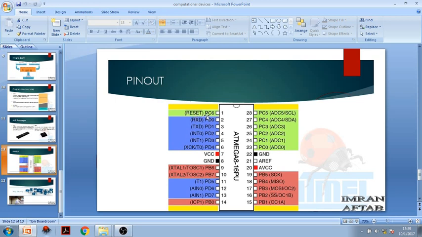If you want to reset this microcontroller, then you need to use this pin. And here we have RXD, TXD. Every pin has its own multiplexed function. We will discuss every multiplexed function in detail later while learning the advanced stages.